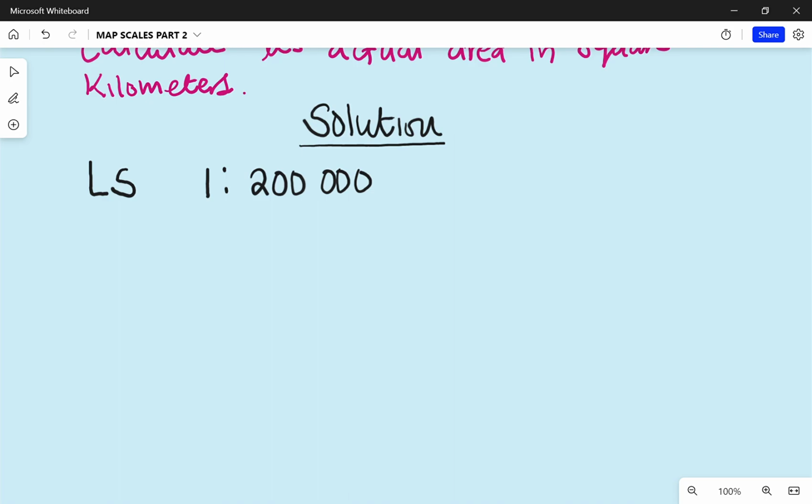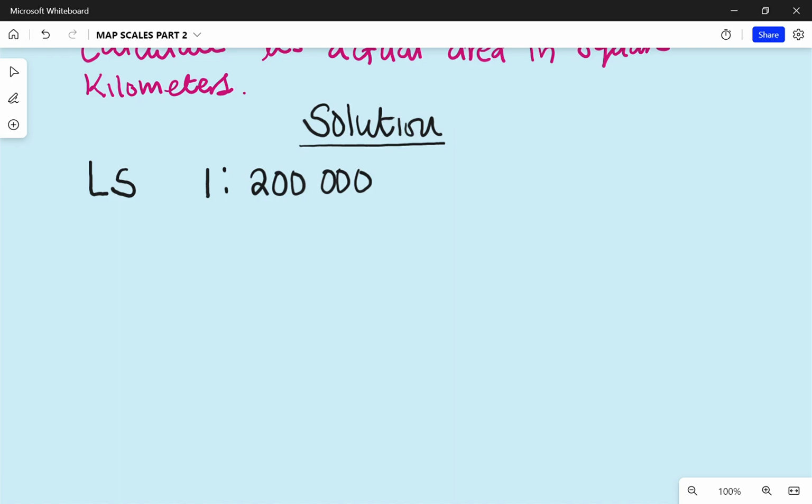Now, from this linear scale, I need to come up with an area scale. Before I can do that, I can convert this linear scale in advance. Remember from the previous video, we did conversions. This simply means 1 centimeter on map, and remember this is map to actual, is equivalent to 200,000 centimeters in reality.